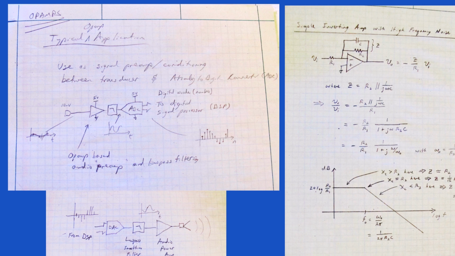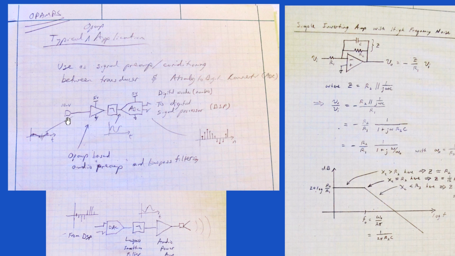So when I began this material, I began it with this as part of the lecture. Typical op-amp applications. Use as a signal preamp / conditioning between a transducer like a microphone and an analog to digital converter. And then, as you probably know, we do pretty much everything else using digital signal processing.